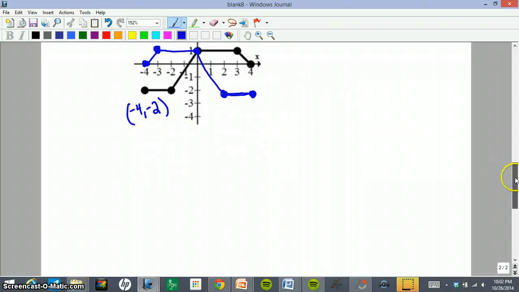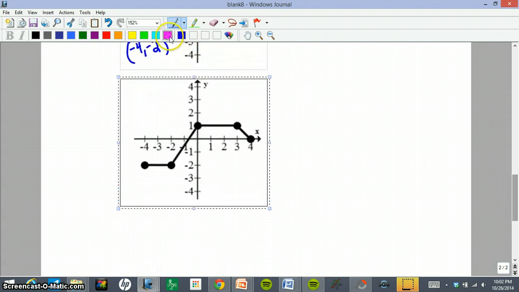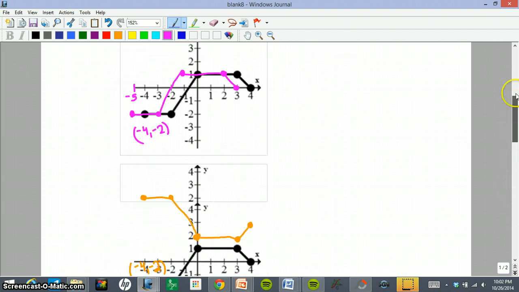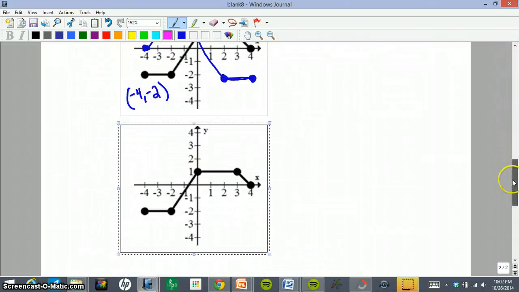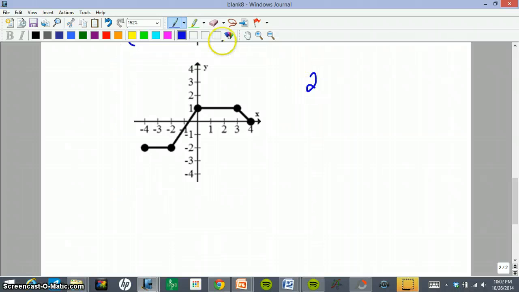Last graph we need to do is 2 times f of x. So you have the graph up here. Which color did I use? Green. So I'll go back to this point, -4, -2.